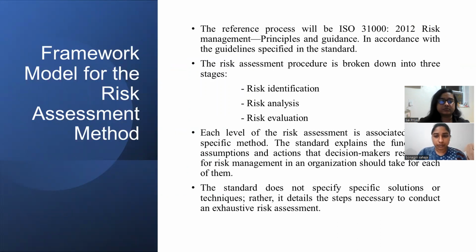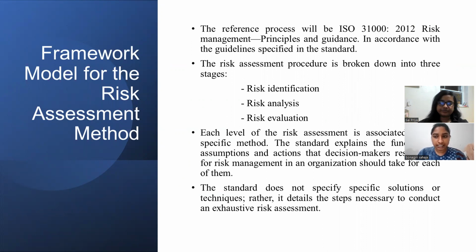Coming to the framework model for the risk assessment method, the identification process should be done as thoroughly as possible, taking into account all contexts, circumstances, and situations that are unique to the subject at hand, as detailed in the methodology. In addition, the IEC risk management and risk assessment procedures can help in the process of figuring out what risks there are by describing the most common ways to find hazards and figure out how to deal with them.